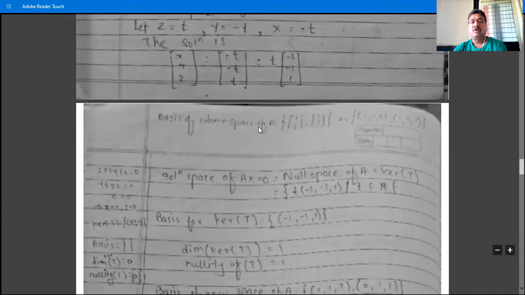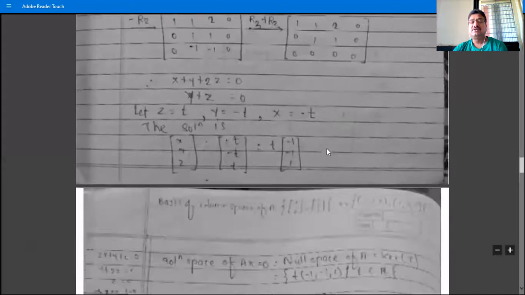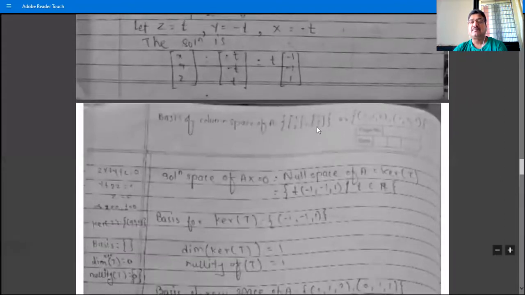So the basis for the column space of A is equal to, in curly brackets, the column matrix (1, 1, 2), comma, the second column (1, 0, 1). So this is the basis for the column space of A, or we can write it horizontally, that is, (1, 1, 2) as a 3-tuple, and comma, in round brackets (1, 0, 1).